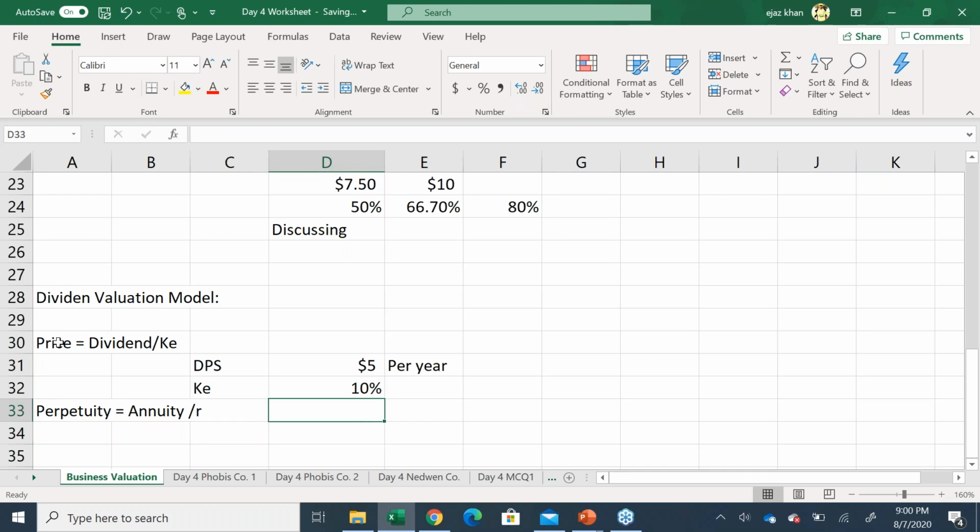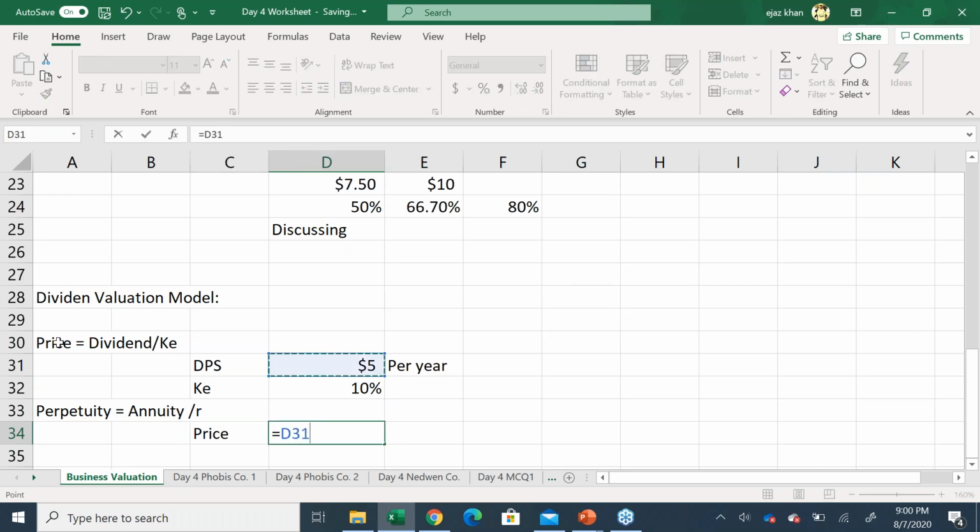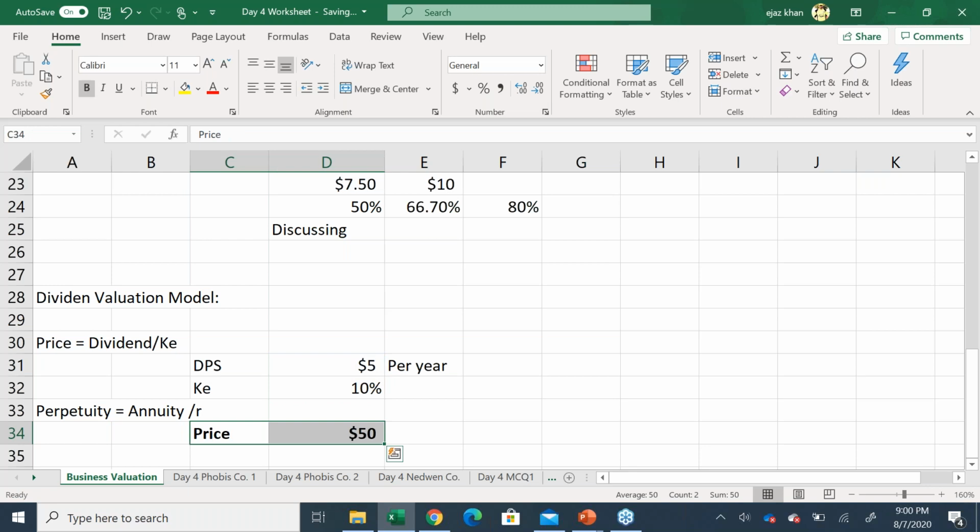Yes, of course, $50. Because if investors are expecting a 10% return and they're getting $5, they will be willing to pay $50 for this share, because $5 is 10% of $50. So the price of the share will be 5 divided by 10%, $50. This is a theoretical model.